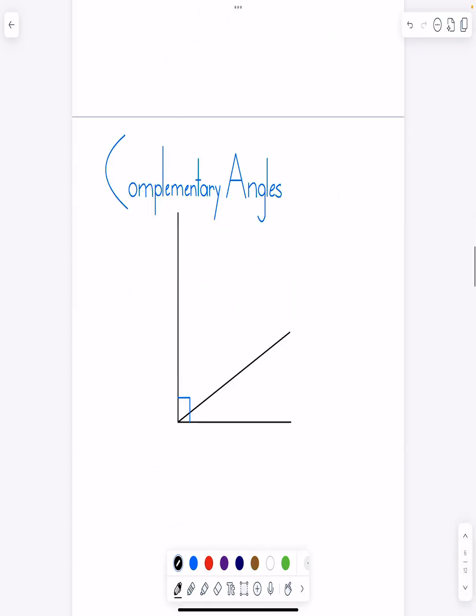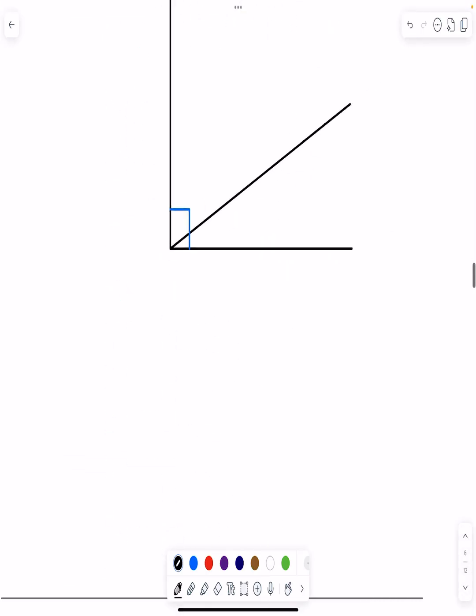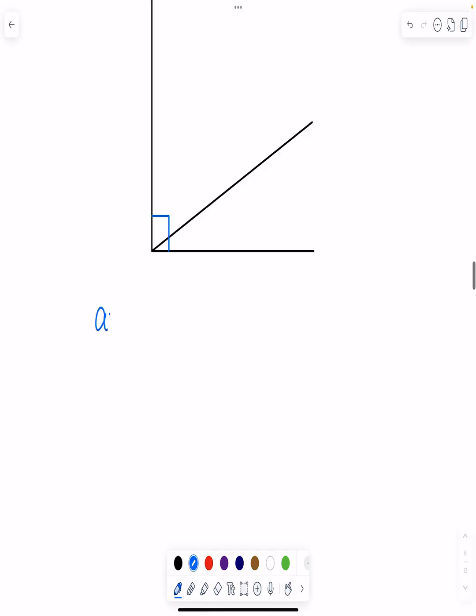For complementary angles, this is an angle pair that adds to 90 degrees.